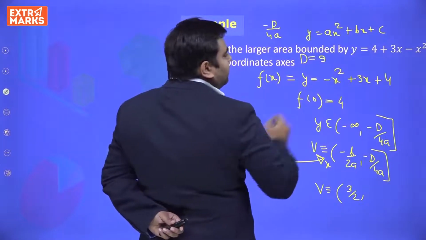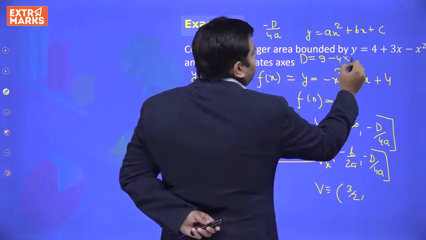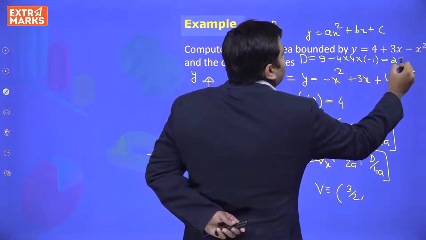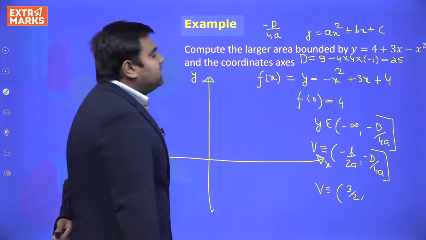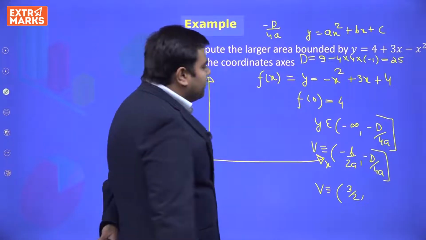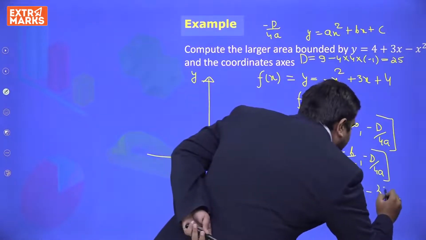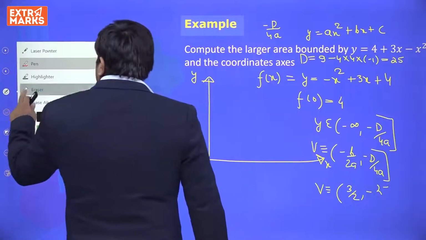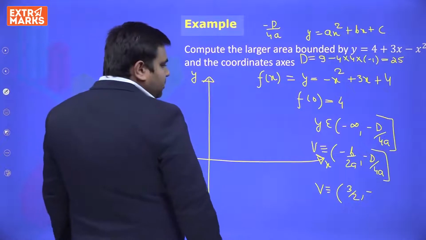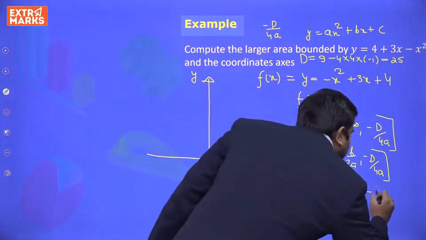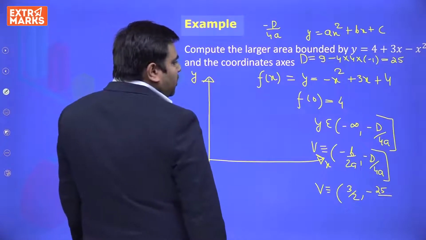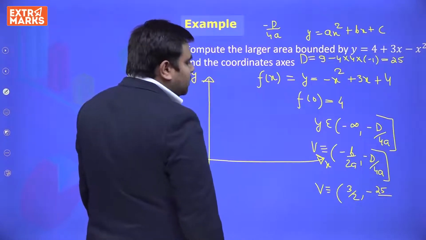So b square minus 4 into a into c, which is 9 plus 16, which comes out to be what? 25. So this is -D by 4a, so this is -25 upon 4 into a. So 4 into -1, so this is -4.